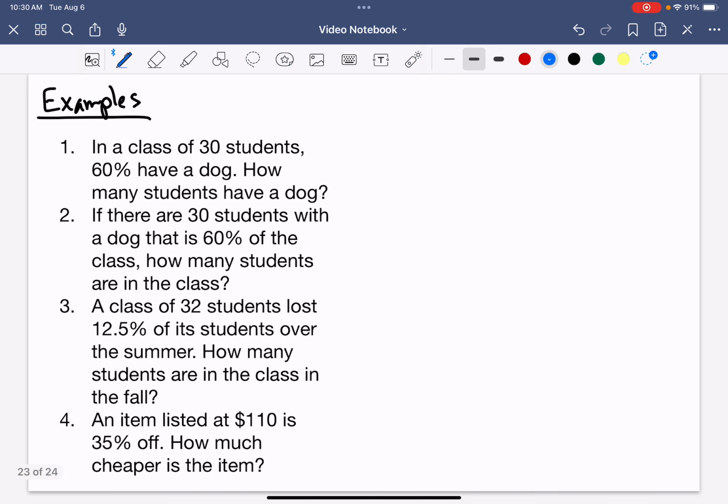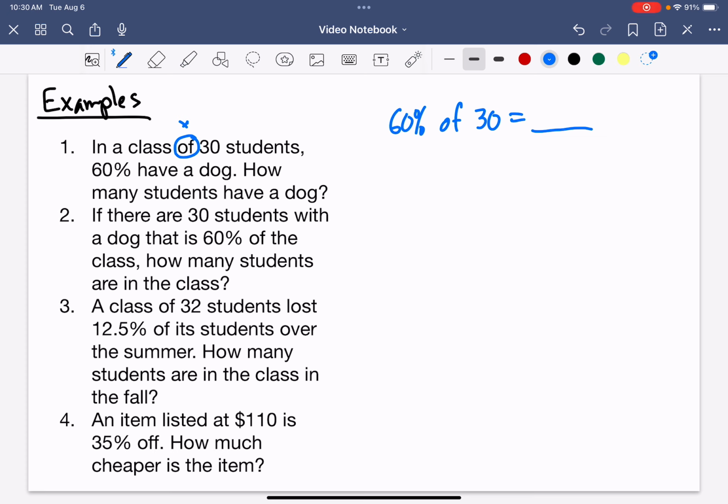So I've got a couple of examples. In example number one, let's say in a class of 30 students, 60% have a dog. How many students have a dog? Well, I'm seeing my little indicator word "of," and "of" itself means multiply. So essentially I have 60% of 30 students is how many of them actually have a dog.